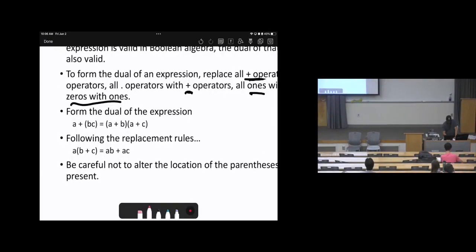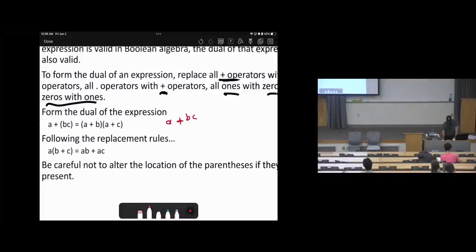Here we have A plus BC. We need to apply the duality. The duality means any plus will be dot, any dot will be plus. So multiplication will be addition, and any addition will be multiplication. So how to represent this? Here is A, it remains as is.